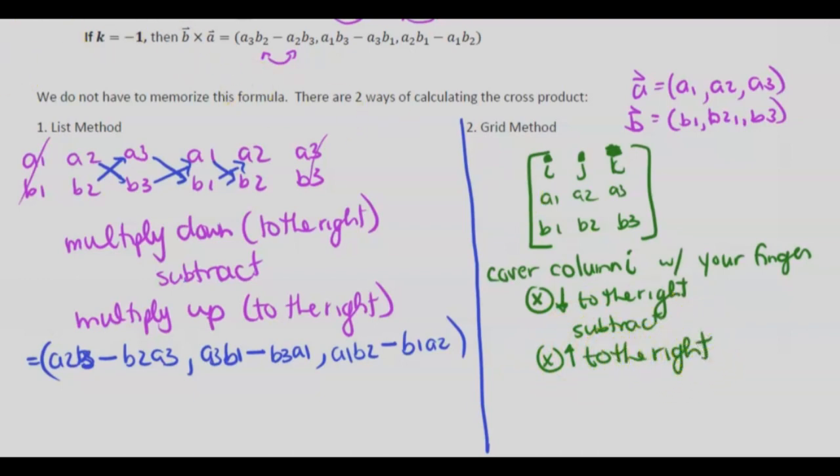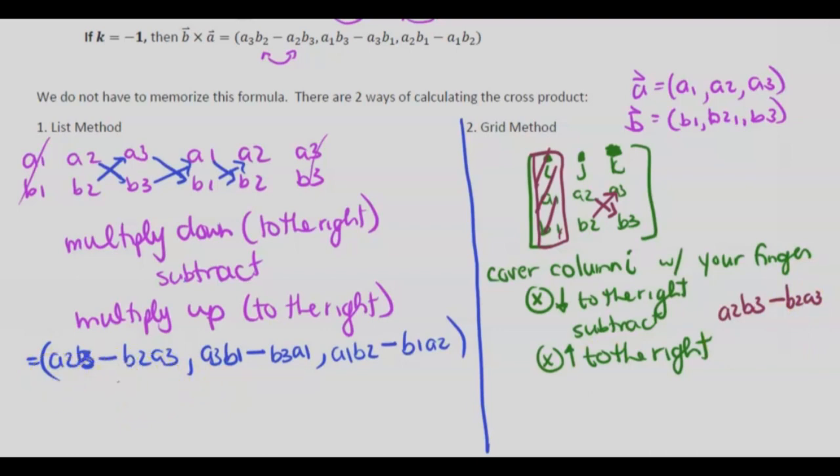So how that's going to look is you're going to physically put your finger over this column, so you're not going to be able to see this column. So we're going to have A2B3 minus B2A3, just like how we had here.